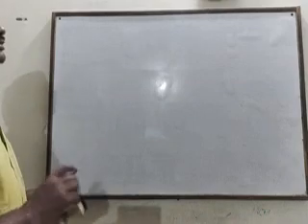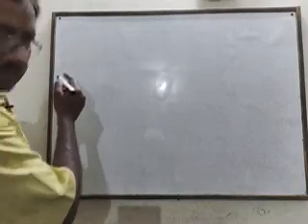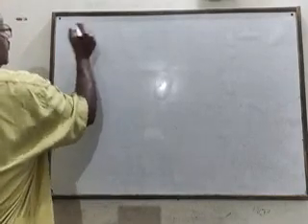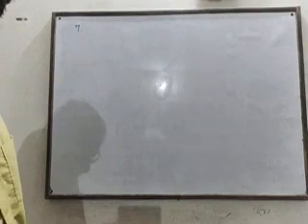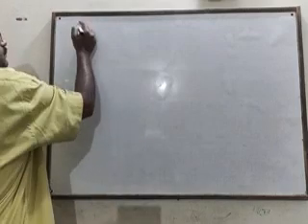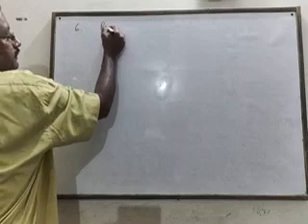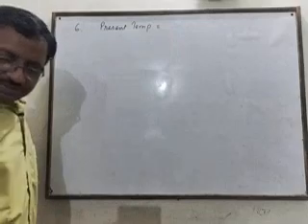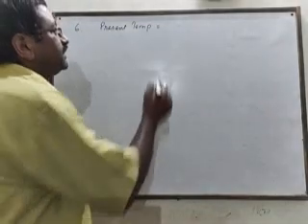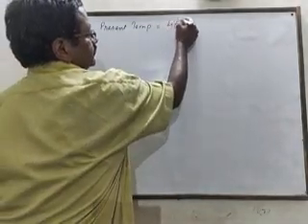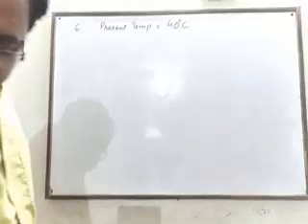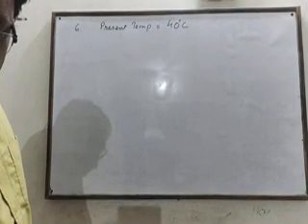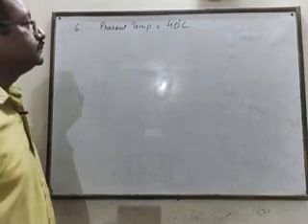So now the temperature of the room is 40 degrees Celsius. This is question number 6. Present temperature is 40 degrees Celsius. And it is decreasing 5 degrees Celsius every hour.